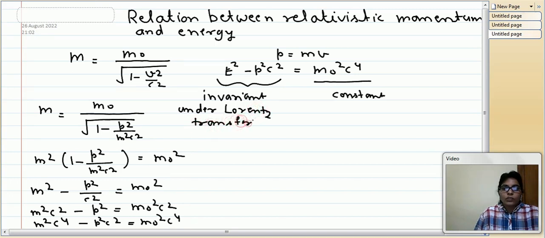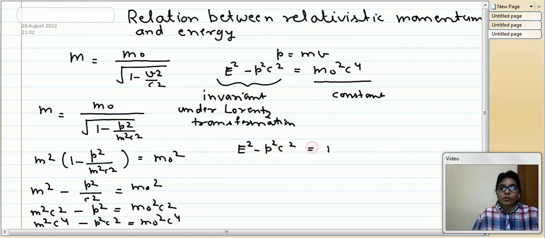So in all the inertial frames, this value will remain as such. And this is the equation which we wanted to derive, that E square minus p square c square is equal to m naught square c to the power 4. This is the relation between the relativistic momentum and the energy.